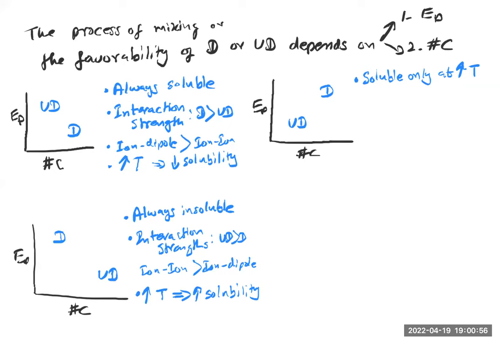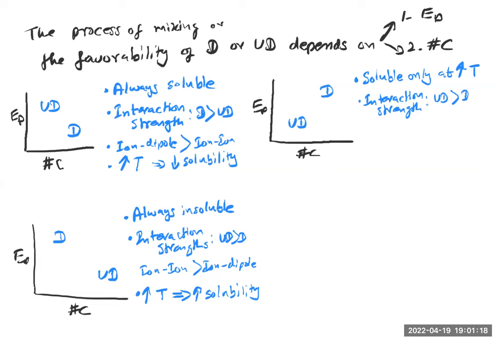If this is the case, then interaction strengths wise, we're going to have stronger interactions in the undissolved state, because it has a lower potential energy than the dissolved state.